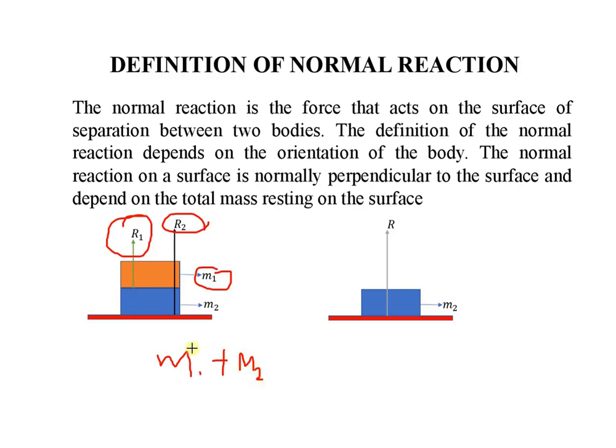Take note that normal reaction depends on the total mass acting on the surface. If you look at the second body, you will discover that it's just one mass resting on the surface. So the normal reaction will just depend on that mass.